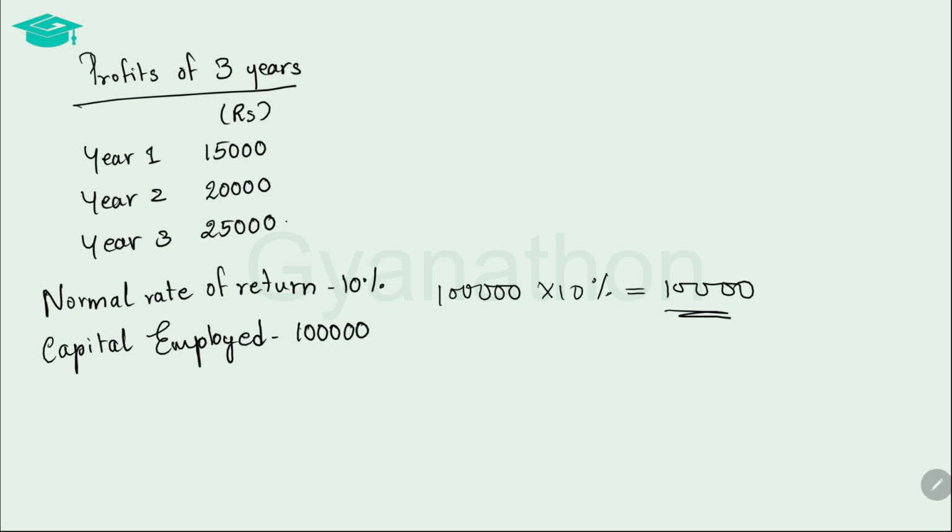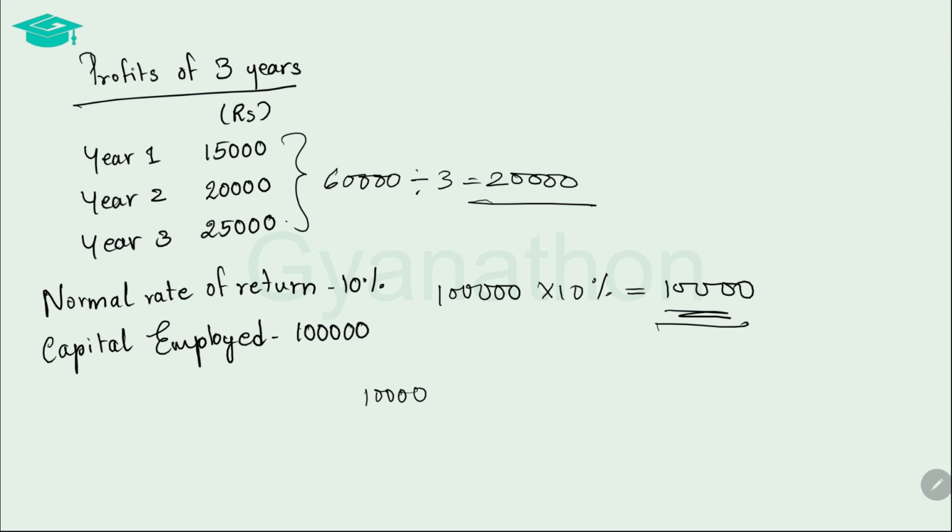The average profits for the previous years is 15,000 plus 20,000 plus 25,000, that is 60,000, divided by 3, that is 20,000. Now the super profit here is 20,000 minus this 10,000, that is 10,000 is the super profit. And the goodwill is calculated as 10,000 into 100 divided by 10, which is the normal rate of return. So the goodwill is 1 lakh.